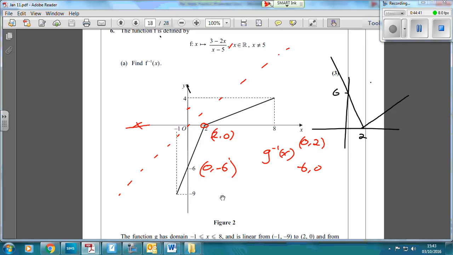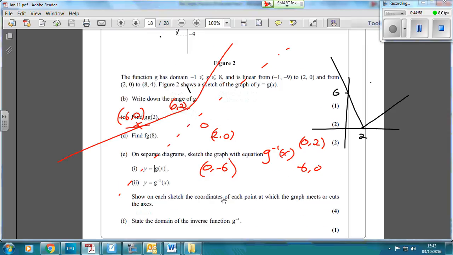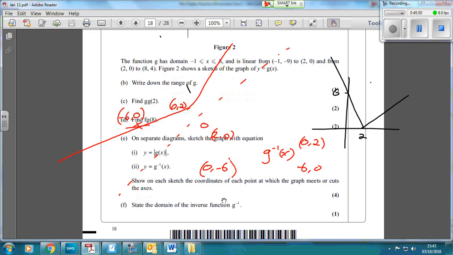It's going to turn in at that on there, and go off in that direction. As long as you've said that it goes through at 0, 2, and -6, 0, that's it. That's all the marks that you need. Nice, 4 marks.